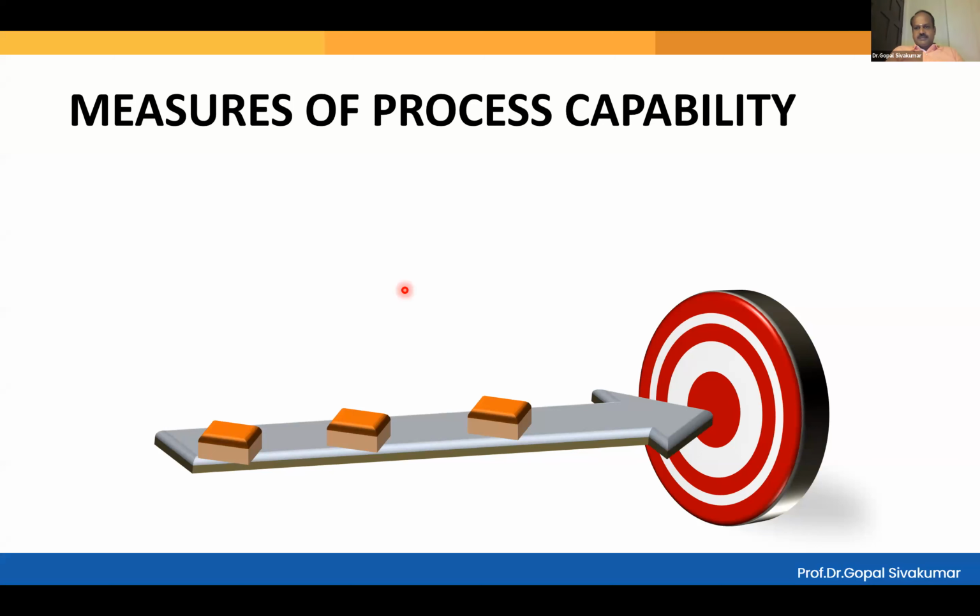of the process. The capability, in the sense, is the ability of your process to meet your customer requirement, right? We are going to quantify the ability. There are several ways. You can use a metric known as yield, which is nothing but the success rate. Imagine you produce 100 units.